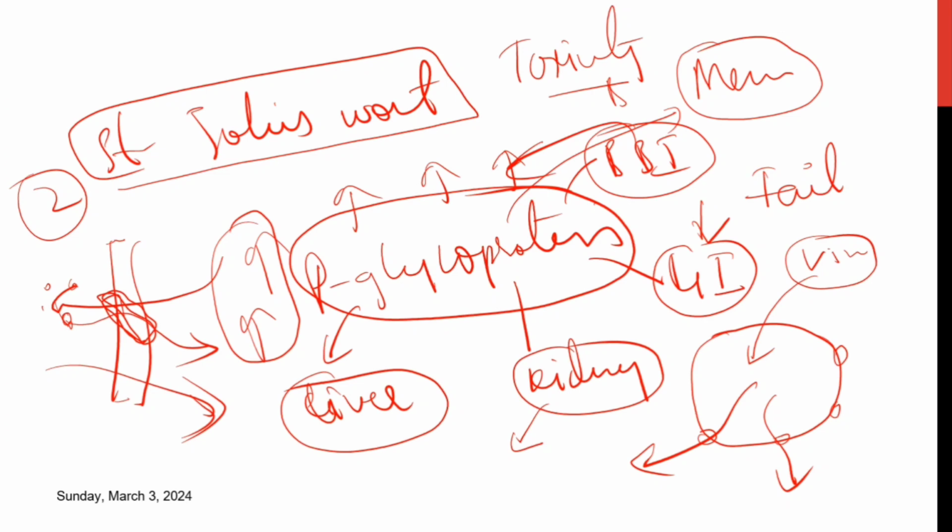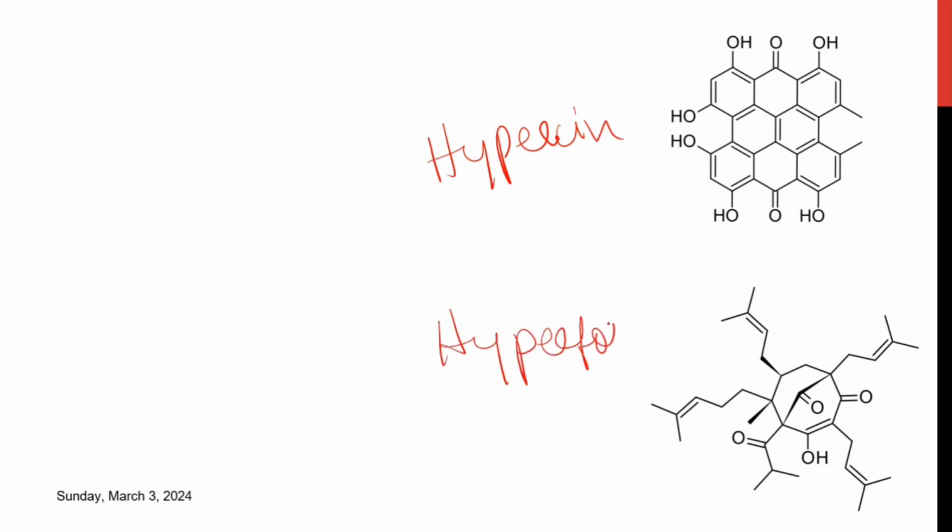Now, let me tell you, there are two main molecules available in St. John's wort. One is hypericin, and we have hyperforin. These both molecules are the pharmacodynamic molecules which are available in the plant St. John's wort.